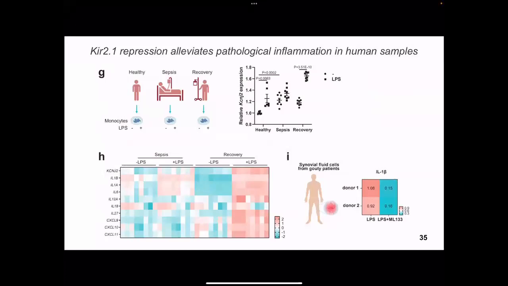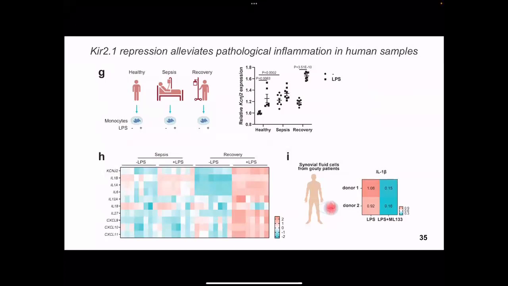And in human samples, the RNA-seq data from the blood monocytes of patients during sepsis and after recovery showed that KIR2.1 was remarkably upregulated in monocytes from sepsis patients compared to healthy donors.